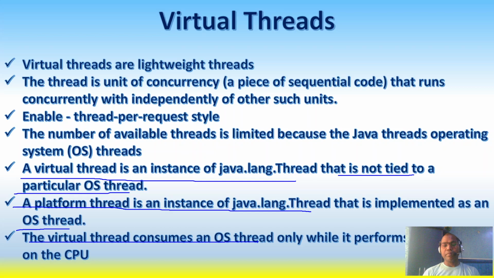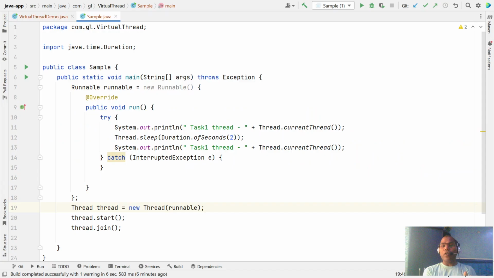Okay, so these are the major JEP 425 demarcations. Whatever we are doing in existing threads, now we are just separating your operating system thread from your Java threads, which are runnable tasks. Both were previously tightly coupled. Due to this tight coupling, if your task is waiting, your thread is waiting.